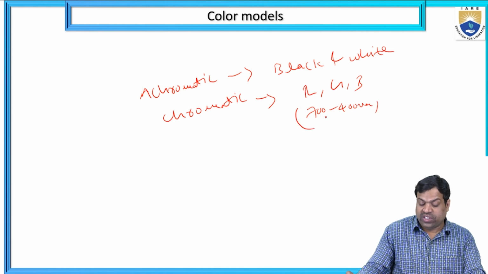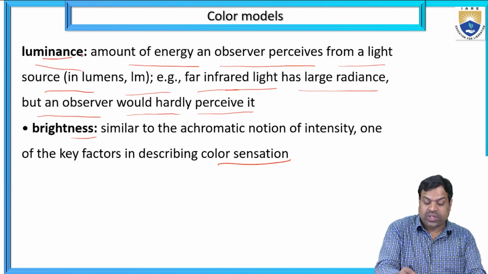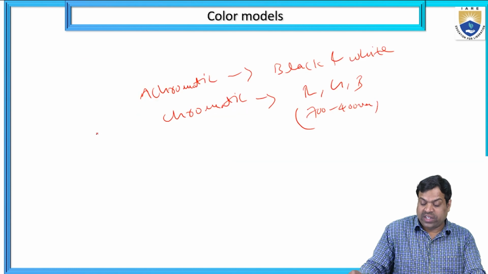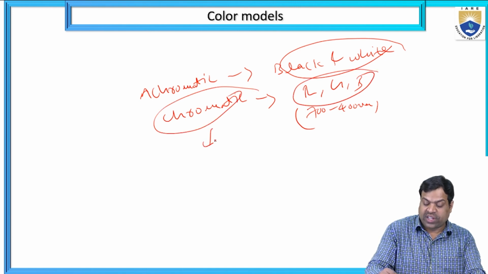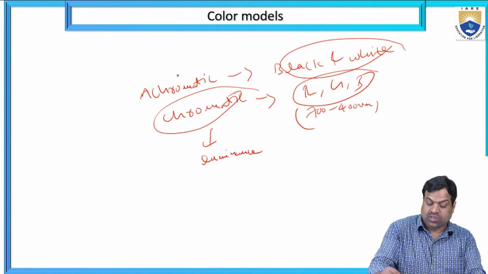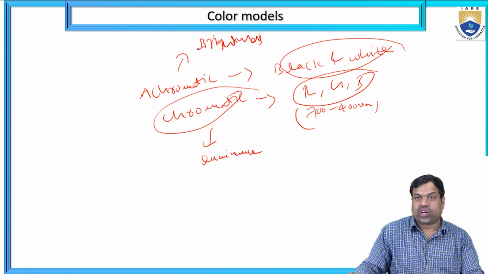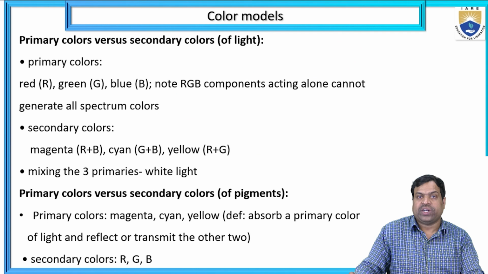But here what they are telling is about luminance and brightness. Brightness completely depends on achromatic, and luminance is discussing the chromatic. So brightness is about achromatic and luminance is about chromatic.